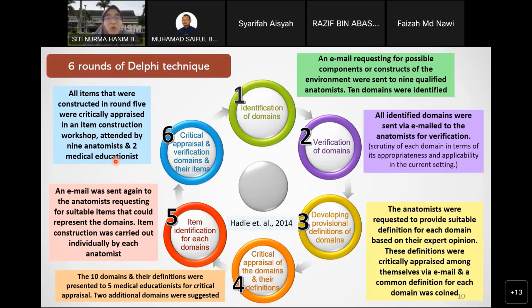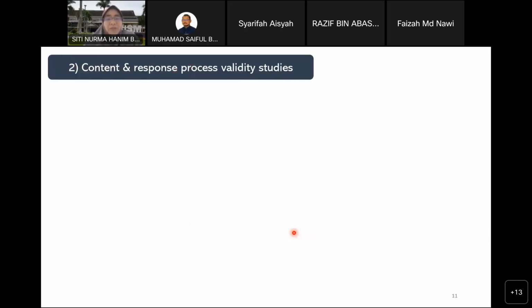In this workshop, all items that were constructed in round 5 were critically appraised. And at the end of this workshop, we managed to produce 11 domains and 132 items, which was published in 2014.